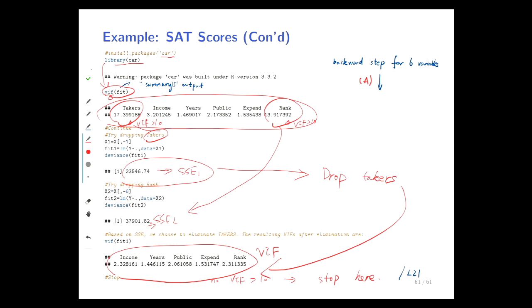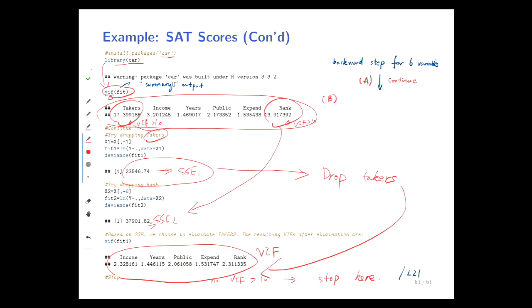So in this case, after we use this VIF function, we find that there are 2 variables whose VIFs are larger than 10. So we determine to continue, and we need to consider which variable we should eliminate. So that's our criterion B.